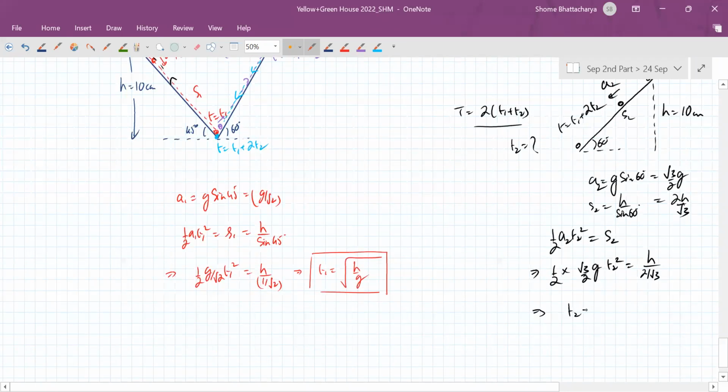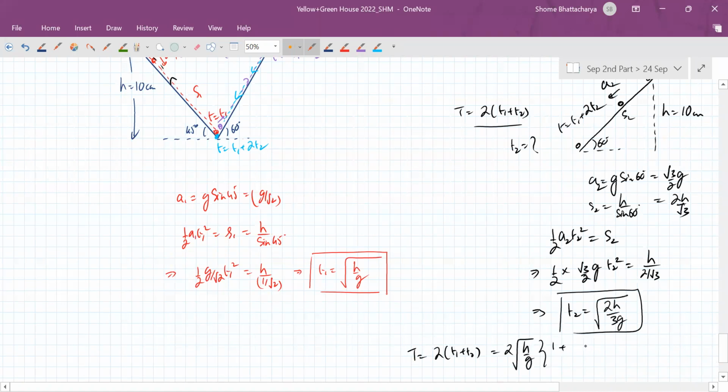From this T2 will come out to be square root of 2h by 3g. So the total cyclical time period will be 2 times T1 plus T2, so it will be something like 1 plus 2 by 3 times the square root of h by g.